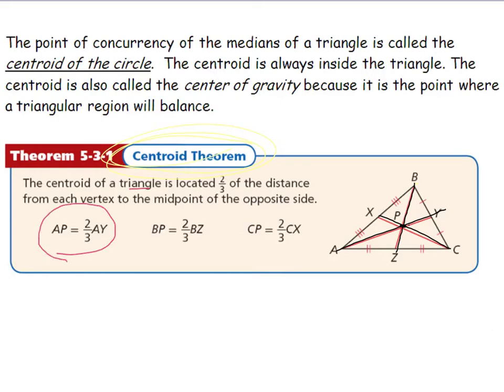It says that AP, the distance from the vertex to the centroid, is 2/3 the distance of AY. So it's 2/3 the distance of the whole median. Likewise, BP is 2/3 the distance of the whole median, BZ. And then the other way around, CP is 2/3 of CX.